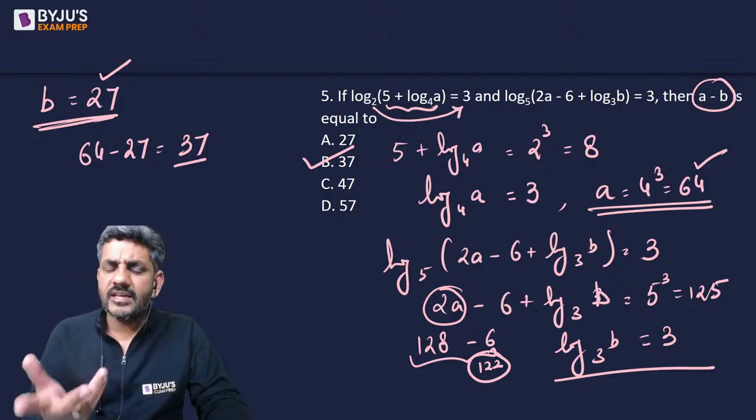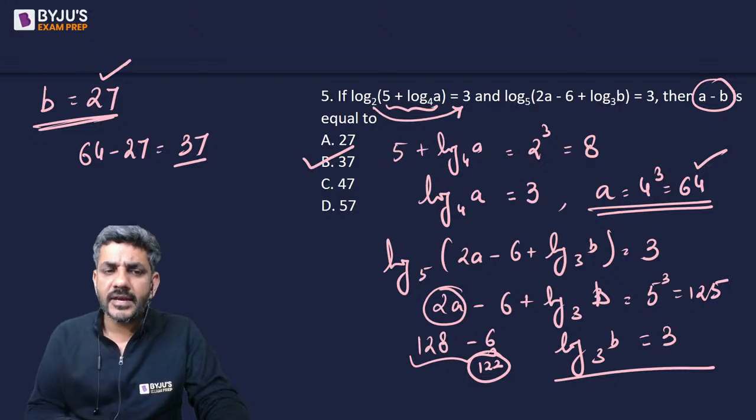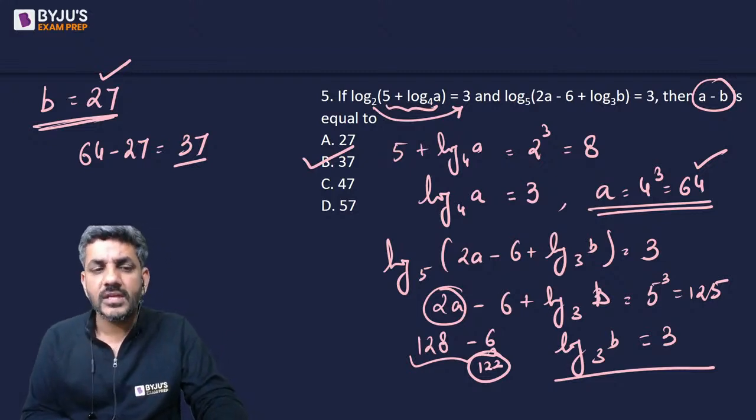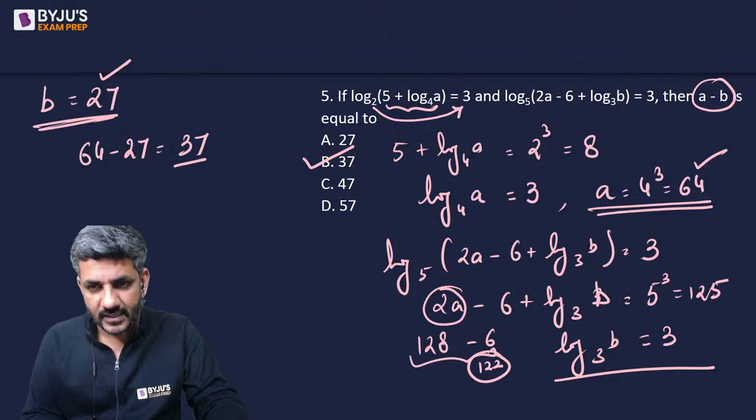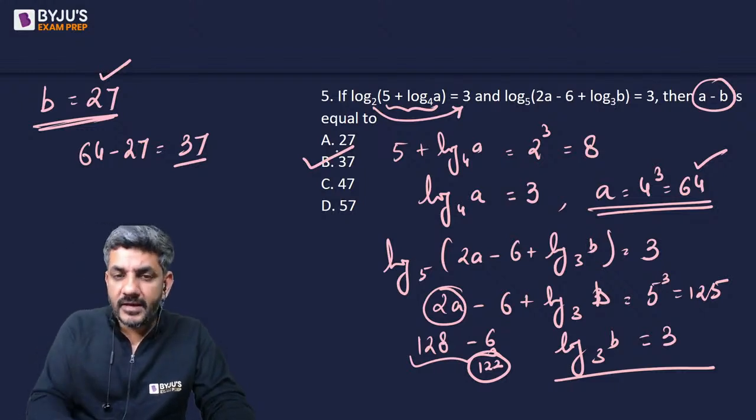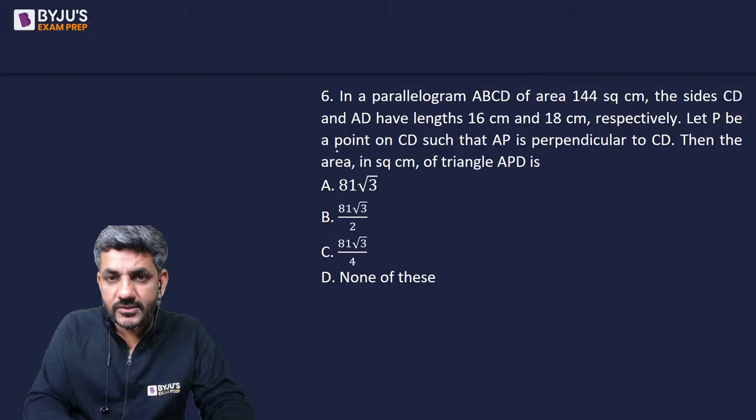लॉ के क्वेश्चन जनरली देखने में मुश्किल होते हैं, बट मोस्टली द क्वेश्चंस आर प्रेटी ऑन द इजियर साइड. जैसे आपको ये भी देख के मुश्किल एक बार लगा होगा, बट क्वेश्चन काफी आसान है. ओके, I'll move ahead from here to question number 6 now. Here is question number 6 on the screen.